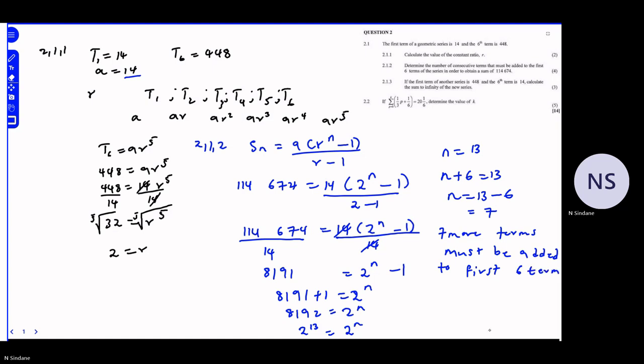If I add first 6 terms and if I add 7 more terms on this first 6 terms, I'm going to get 13. And 13 is the nth term for the sum of 114,674. If I add 7 to this, I'm getting this sum of the first 13th terms, right? Which is 114,674.